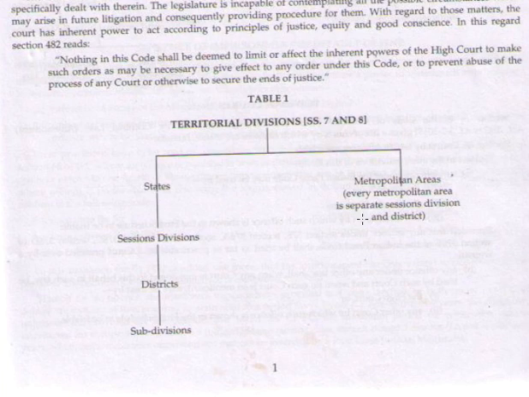Delhi is a metropolitan city, Bombay is a metropolitan city, Calcutta is a metropolitan city. In a metropolitan area there is a separate metropolitan division. The state division is further divided into session divisions, that means district divisions. And session divisions are again divided into districts. District criminal jurisdiction is again divided into subdivisions.